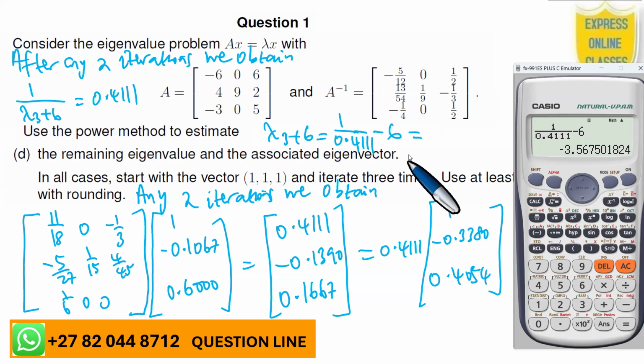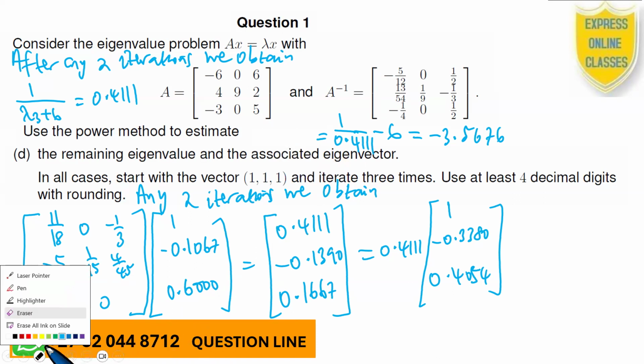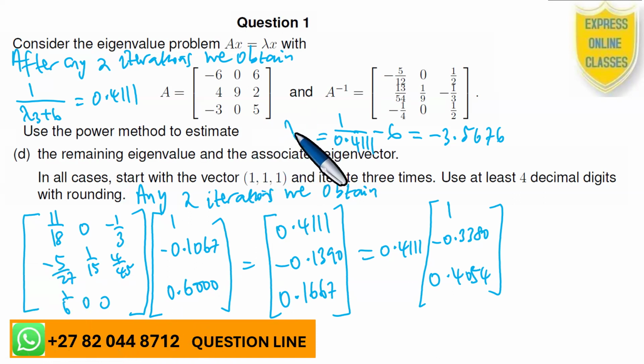So now this will be approximately minus 3.5676. Okay, that is lambda 3. So we subtracted the 6 already. So this gives us lambda 3. Okay. And this is close to minus 4.